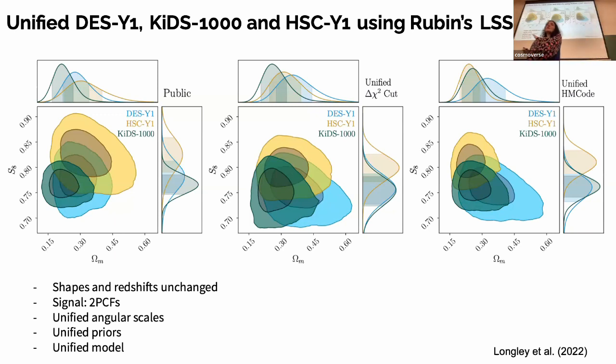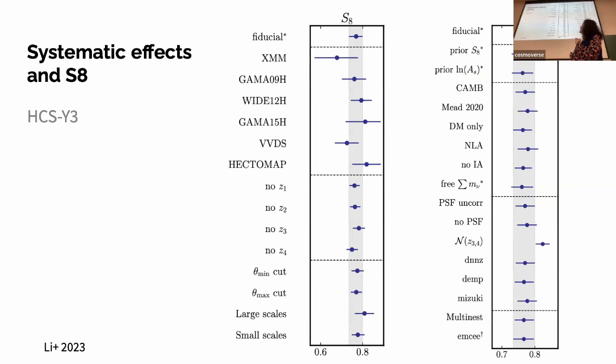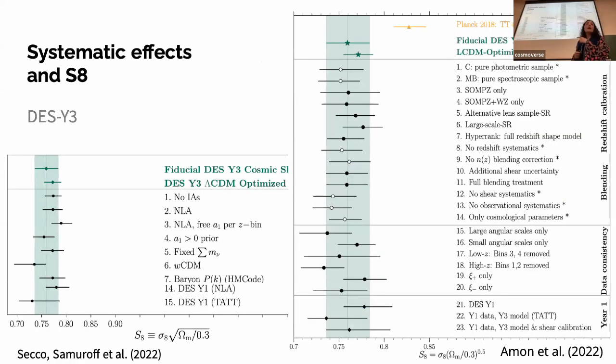So this was a very important result because it shows that the analysis choices matter. You can shift things when you choose different analysis choices. Although it shouldn't have come as a big surprise, because if you remember, I showed you these plots here, and that's what these plots are showing as well: if you change your analysis choices, you can move things around, you can have different error bars.